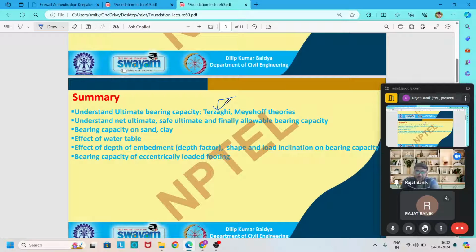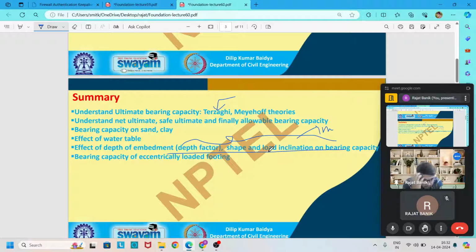Then the effect of depth of embedment, that is depth factor, shape factor, and load inclination on the bearing capacity. We studied that, meaning di, dc, dq. We went through all of this, and the depth factor, shape factor, and inclination factor are given by Meyerhof, and you can go through it.